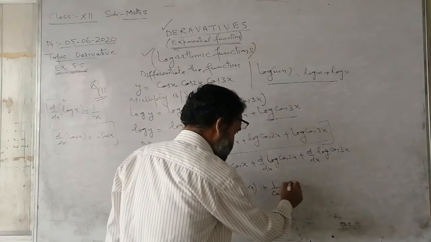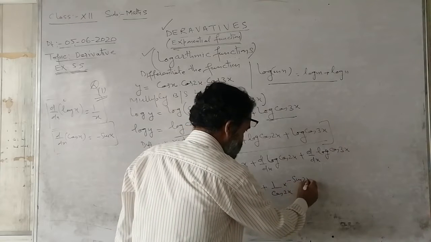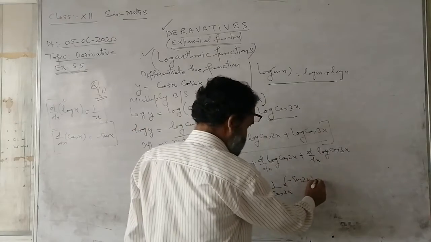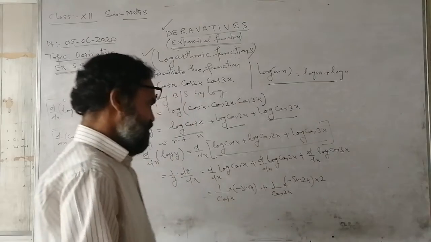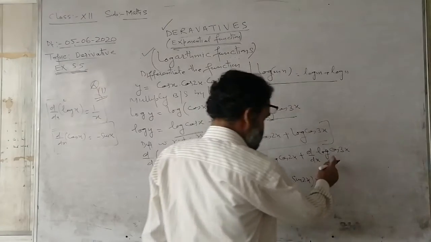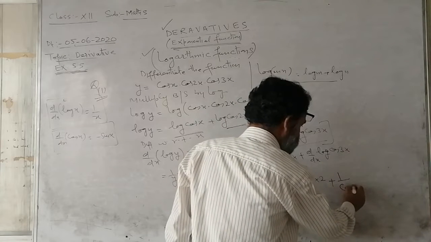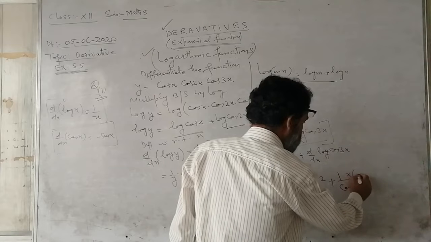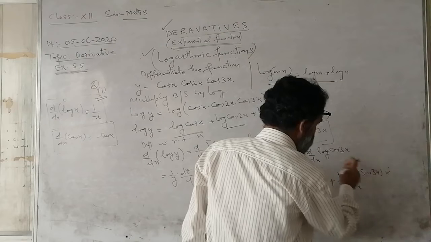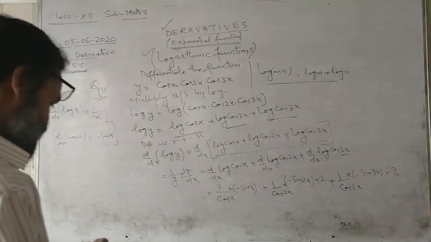So derivative of cos 2x will be minus sin 2x into derivative of 2x, that is 2. Then derivative of log cos 3x will be 1 upon cos 3x into minus sin 3x into derivative of 3x, that is 3.